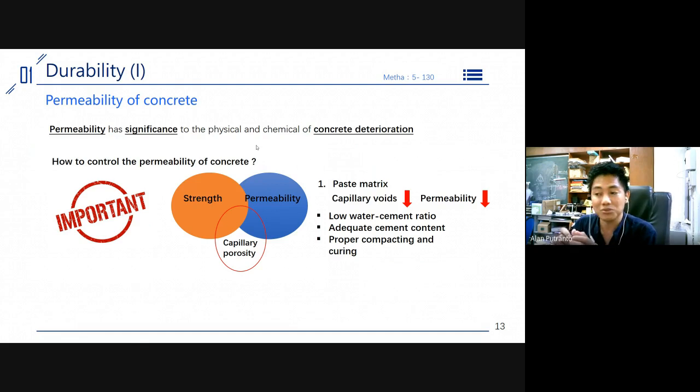How to do that? We can make our concrete have a low water cement ratio. The second is we should have adequate cement content, so the cement content should be proper. The third is proper compacting and curing. So our technique to create our concrete will have a significant impact on controlling the permeability. Okay, Gary?